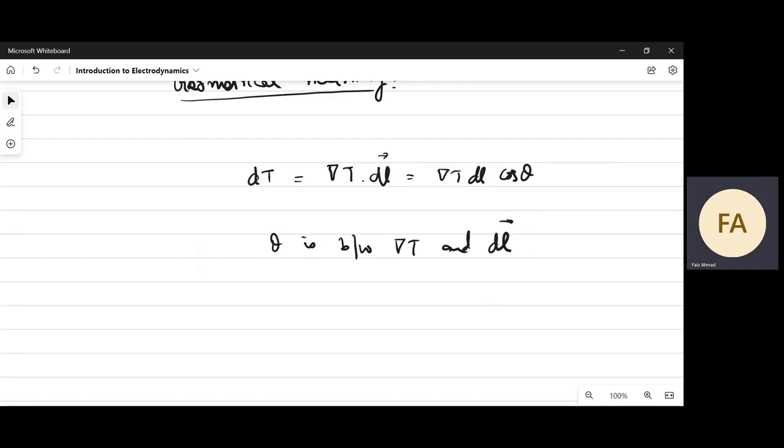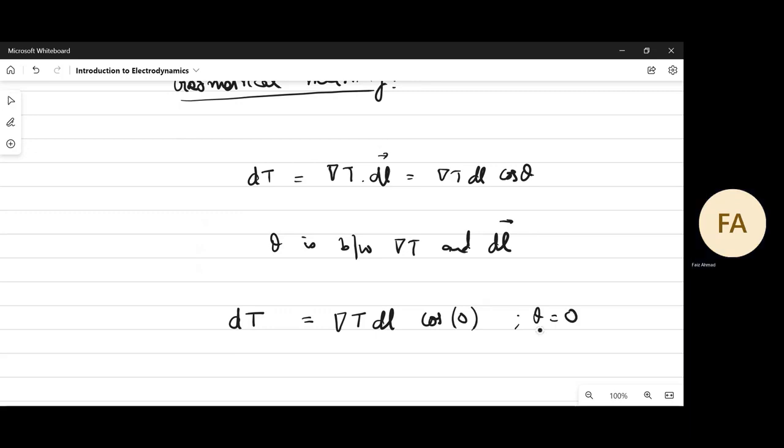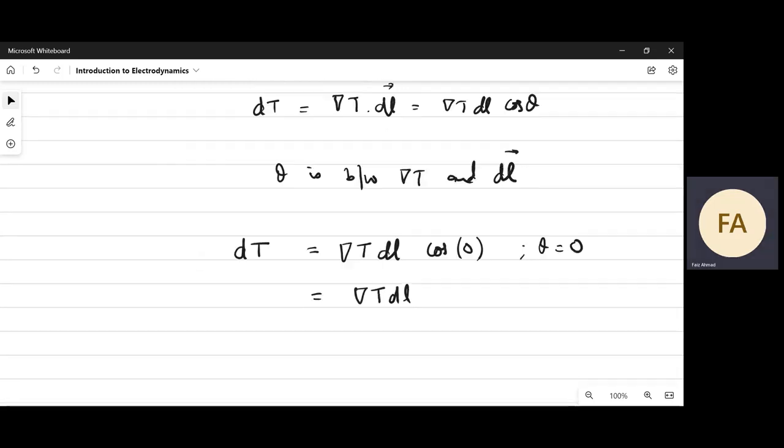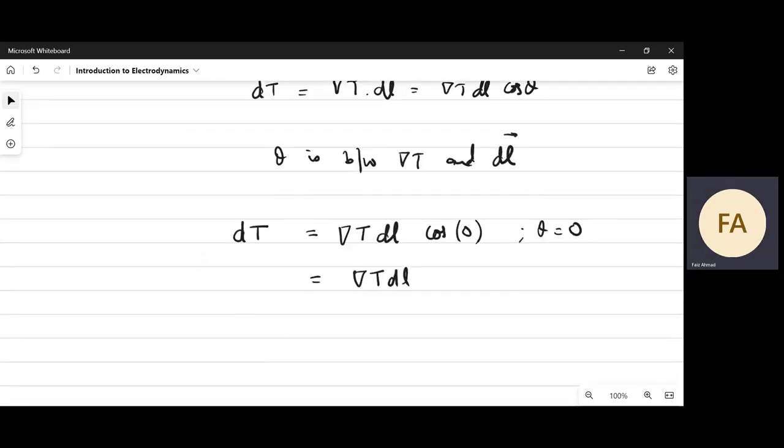So when will dT be maximum? dT will be maximum when we have cosine of the angle equal to 1, when theta is equal to 0. So the maximum change, where delta T is the change in temperature, right? Delta T is the change in temperature.